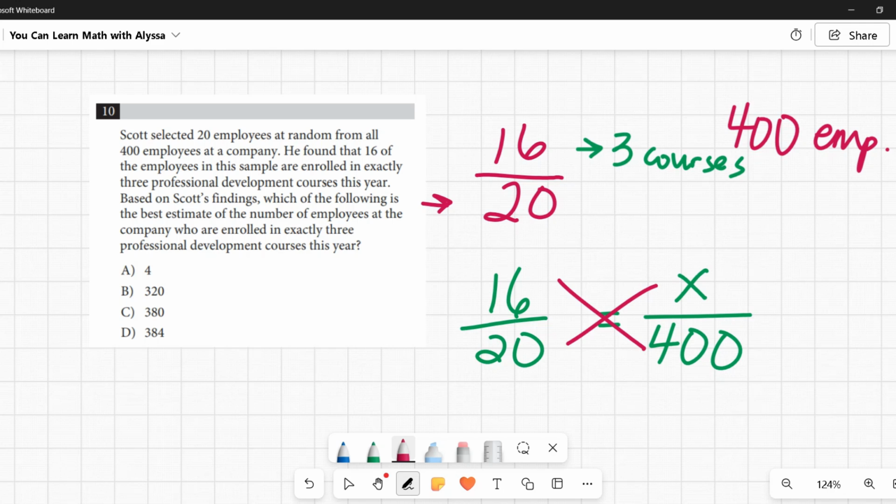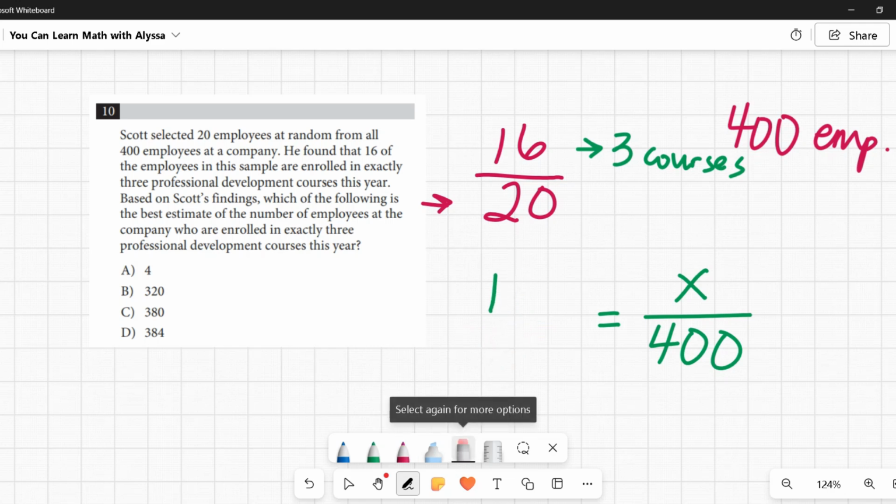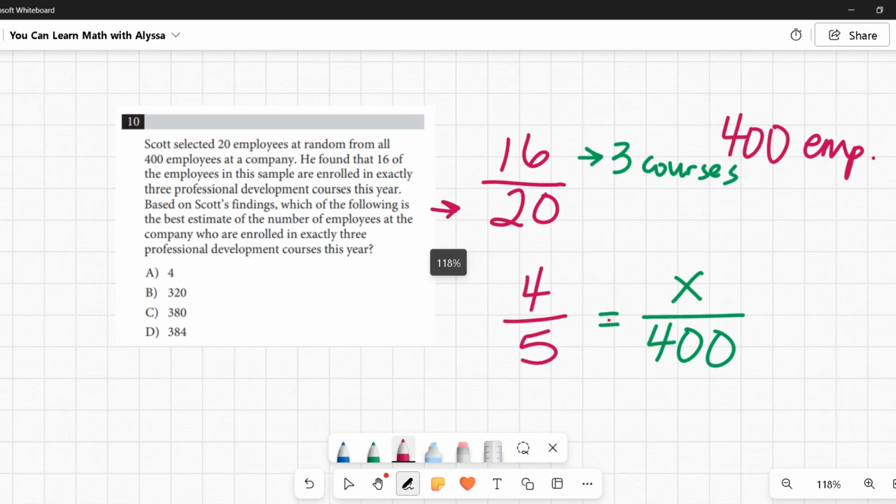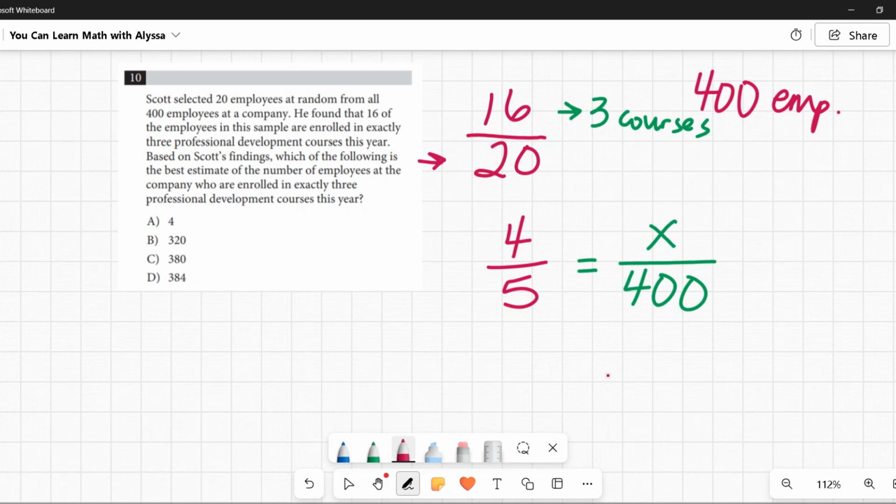If you're wanting to do this manually, you can simplify this fraction on the left, if you're not wanting to use your calculator, and it might make it a little easier. So 16/20 simplifies down to 4/5, and that may be a little bit easier, again, if you're doing this by hand and not wanting to break out the calculator.